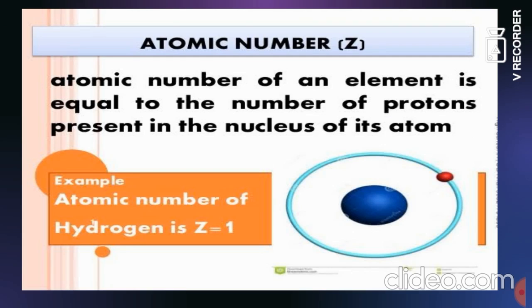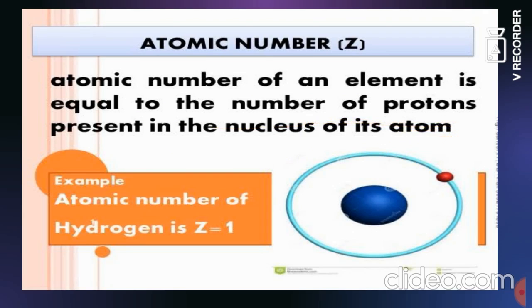Number of subatomic particles in an atom. Atomic number. Now let us see what is meant by atomic number. It is the number of protons present in the nucleus, and it is denoted by the symbol Z. Atomic number of an element is equal to the number of protons present in the nucleus of its atom.